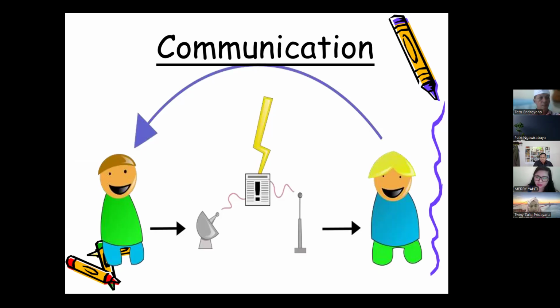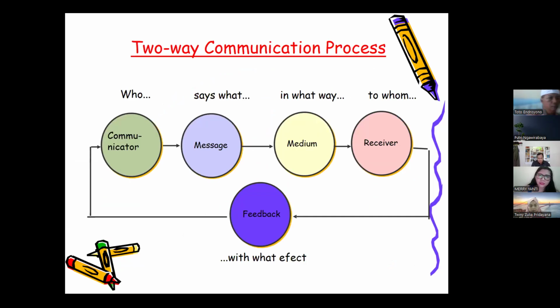Okay, next slide. This is the two-way communication process. Let me explain. The first is the communicator, the person who starts the communication, also called the sender. For example, in the classroom, the teacher explaining a lesson. The message, or say what, is the information or idea the communicator wants to share, for example the content of the lesson.